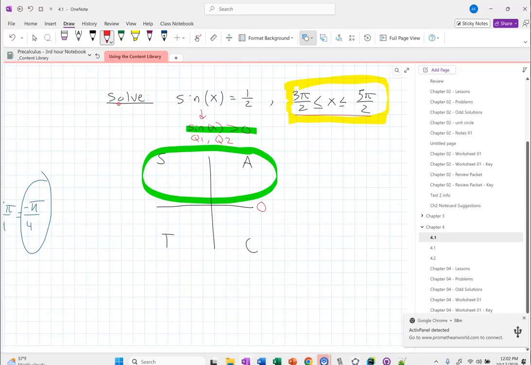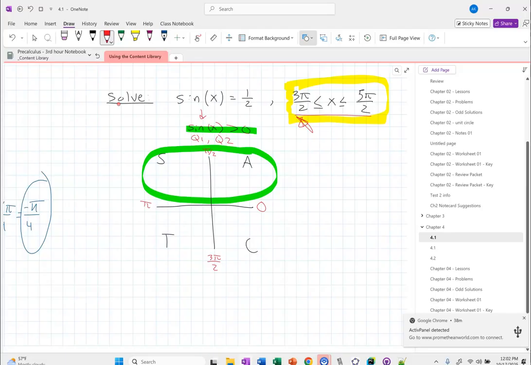Positive, so which way am I going to be counting? Clockwise or counterclockwise? Counterclockwise. So here is pi over 2. The next axis is at pi. And then we're at 3 pi over 2. That's the start.